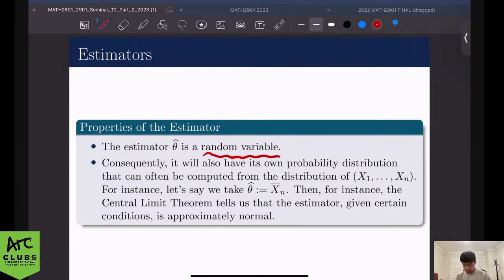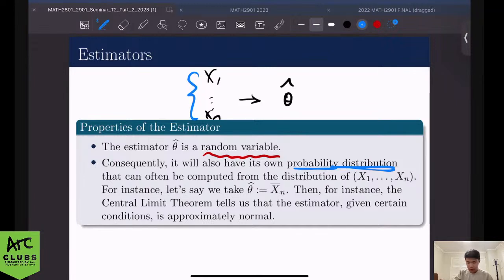But my point is that depending on the actual values of x1 down to xn, you get different values of the estimator. And so it itself is a random variable because it's dependent on these random variables, and it'll have its own probability distribution.